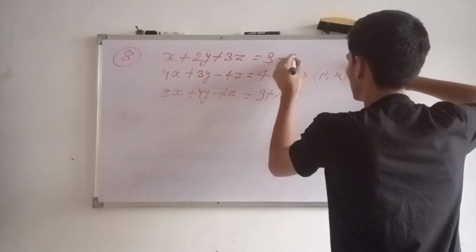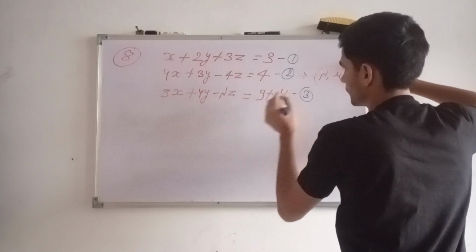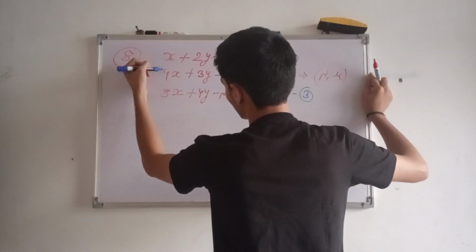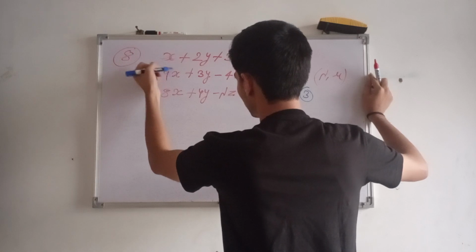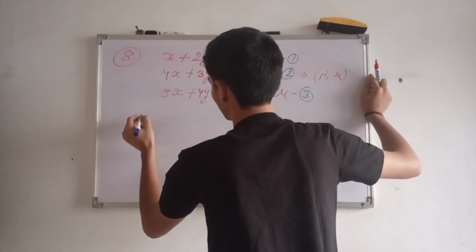Equations number 1, 2, 3. Here we see this is x and this is 4x. If we multiply it by 4 and subtract this from that, then x will be removed and we will be left with y and z.